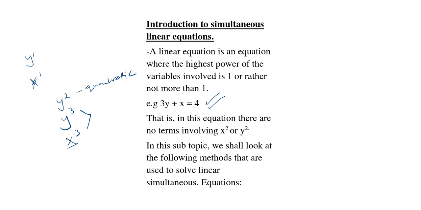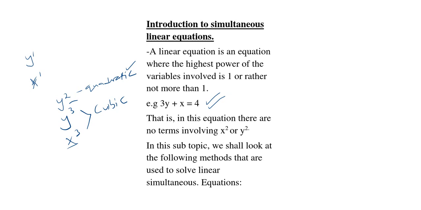So for power 3, we call it a cubic equation. So the type of an equation is determined by the power of the variable involved. And for linear, it should be 1. For quadratic, we go for 2. Cubic, we go for 3.